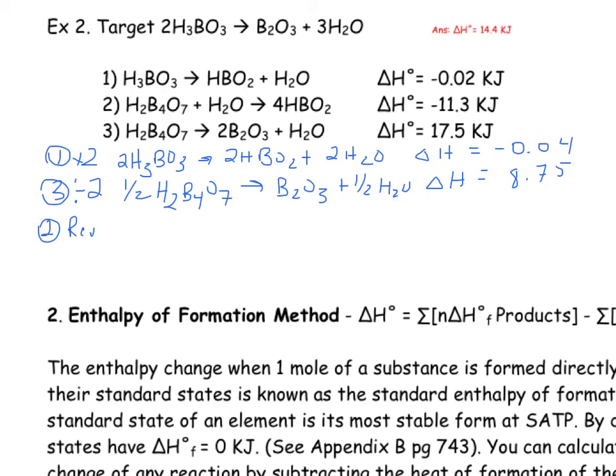Now to make it the same amount, I also have to divide it by 2. This will also help fix the amount of waters that I have. Right now, I only have 2.5 on the product side.